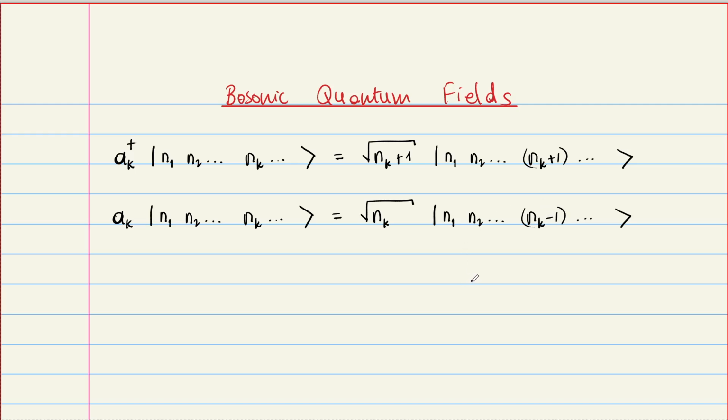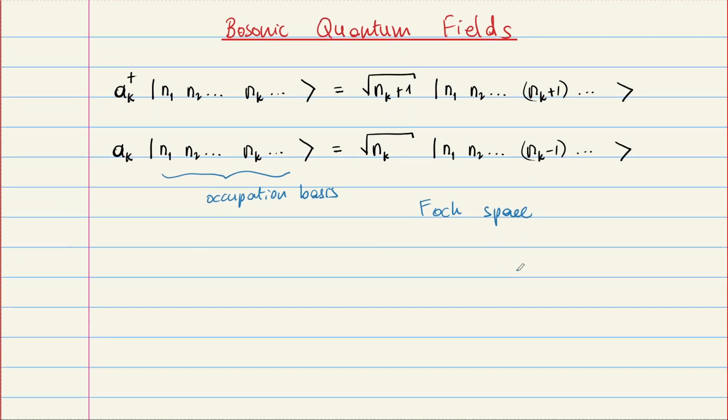These are called the occupation basis, and this representation is sometimes called Fock space. The ket n1 ... nk is defined by doing exactly like the harmonic oscillator, but for many slots.